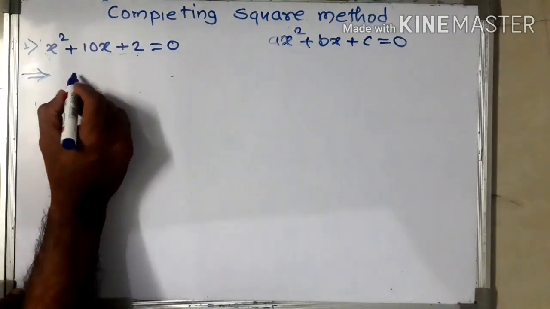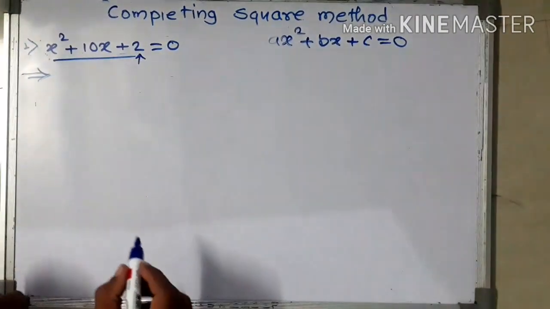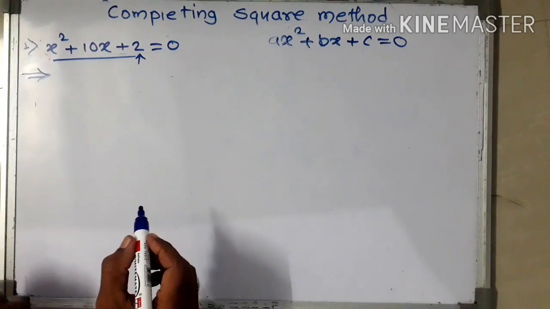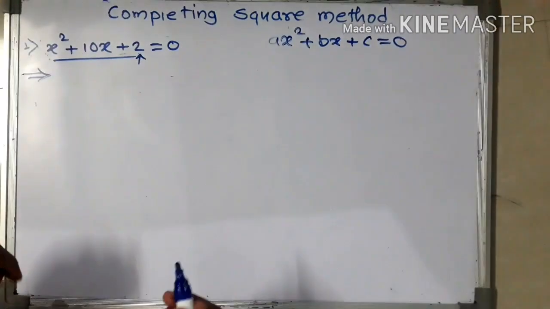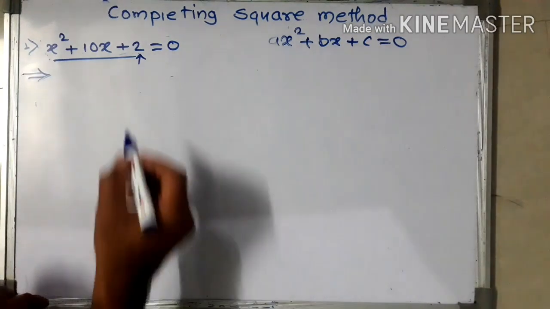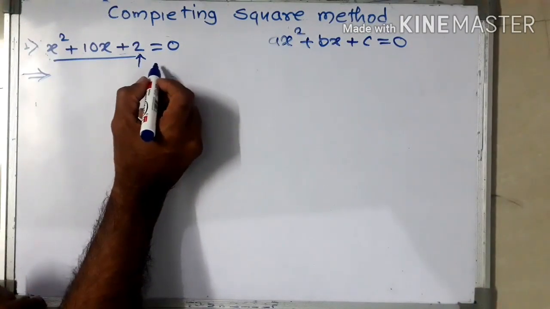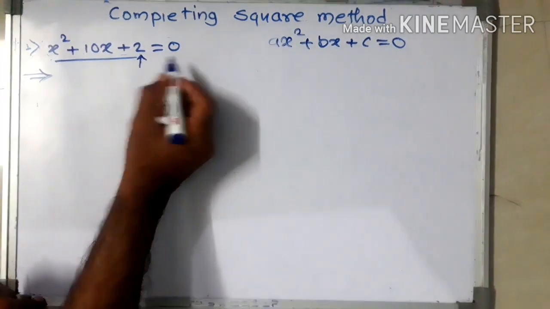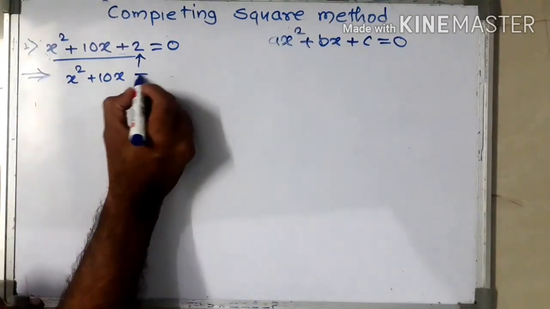Now here the polynomial is not a square polynomial, because it is not the square of any linear polynomial, because of the third term. Here the third term is not suitable, so we transfer the third term to the right hand side. x square plus 10x equals minus 2.